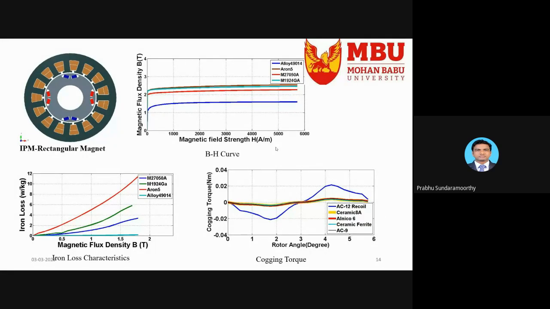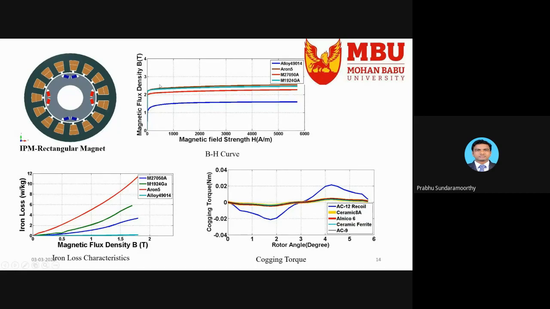We need a non-oriented material. So don't fix on one material first of all. Select n number of different materials, and go with the BH characteristics. If you go with the BH characteristics itself, we can identify which material will give a better result. The one having a maximum value of knee point will provide a high value of torque.